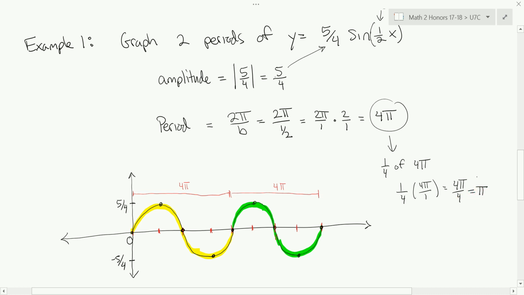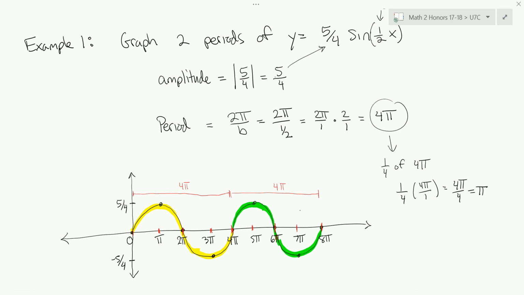And so each tick mark we put on the x-axis, we count by pi. So we go from 0 to pi to 2 pi, 3 pi, 4 pi, that's one full period, and then 5 pi, 6 pi, 7 pi, and 8 pi for completing the next period. And then we're done with our graph.